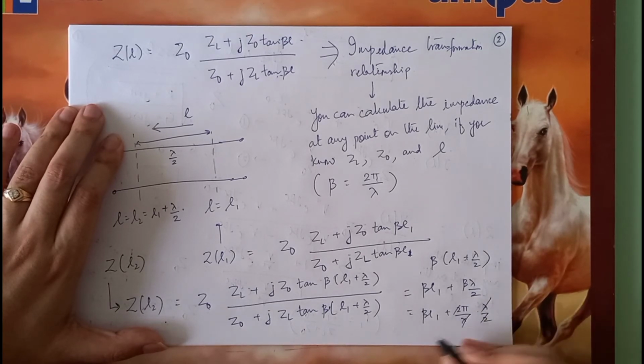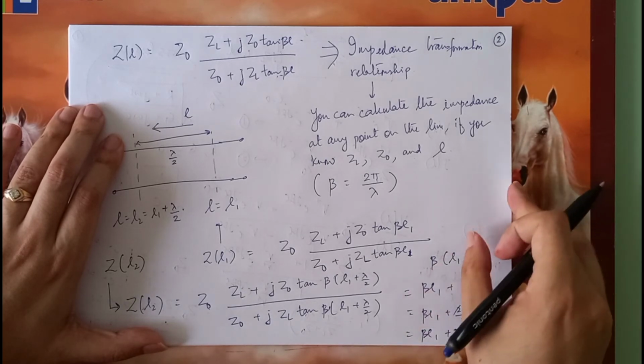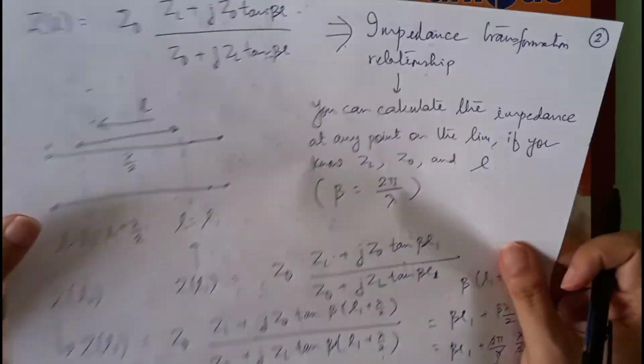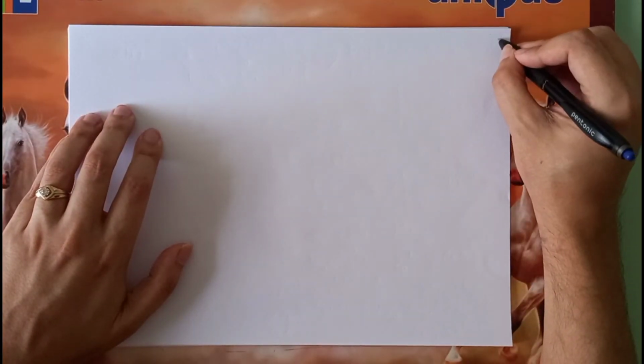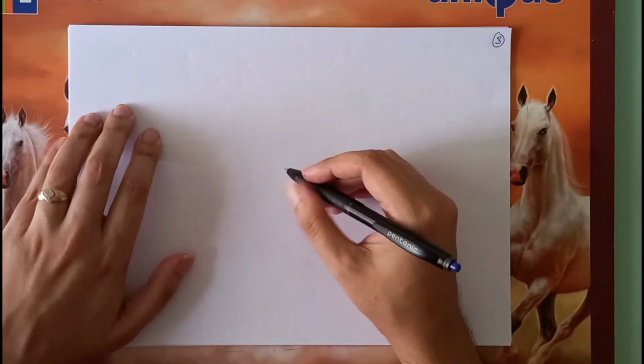This would be nothing but pi. So effectively this would reduce to something like this.